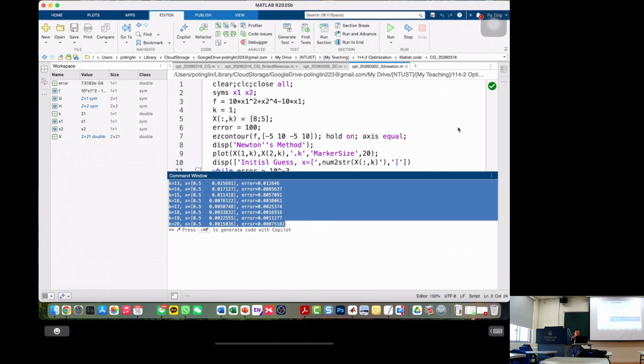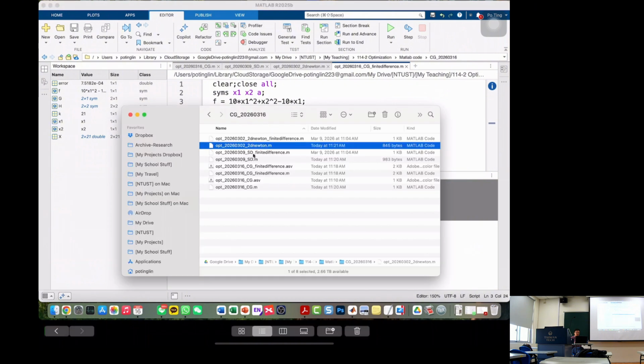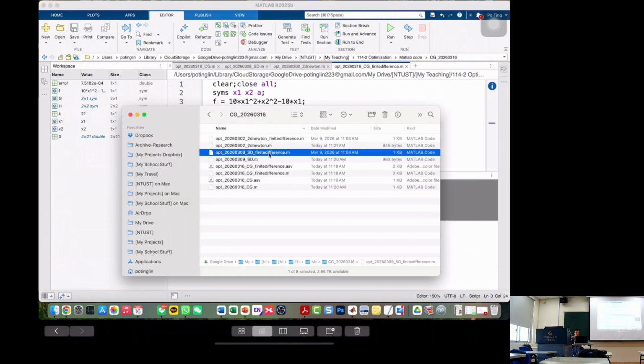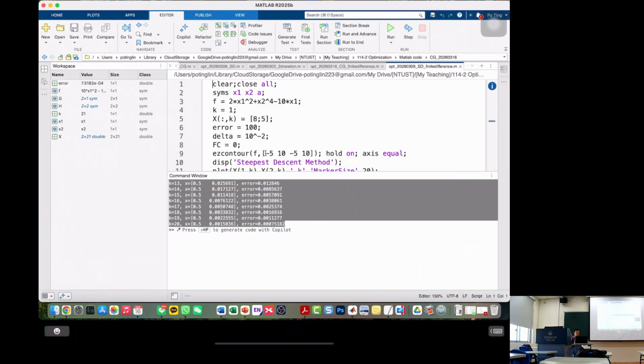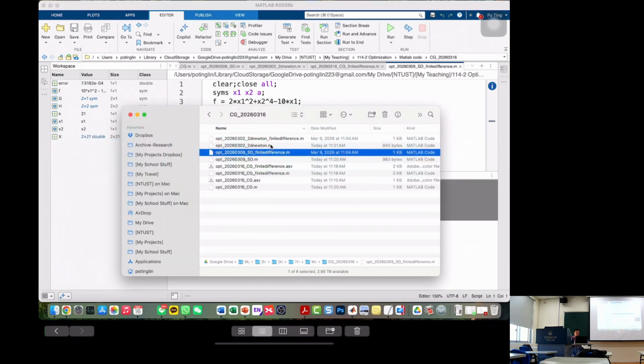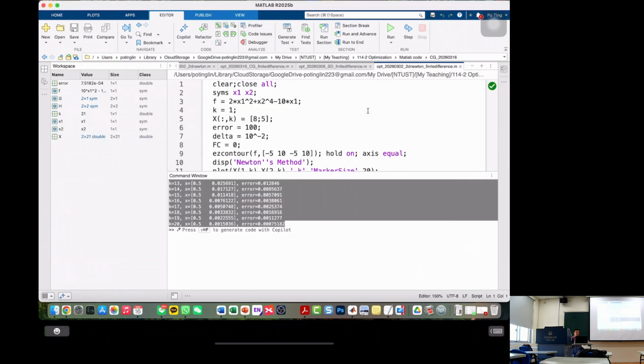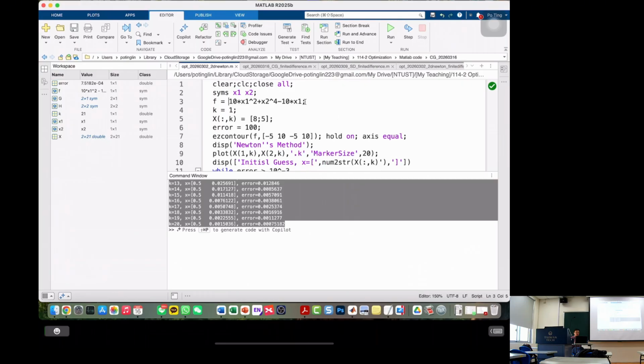Let's take a look at the finite difference one, because in the finite difference version, we did the function call. Okay, so let's open up the finite difference one. I need to make sure I am having the same setting.